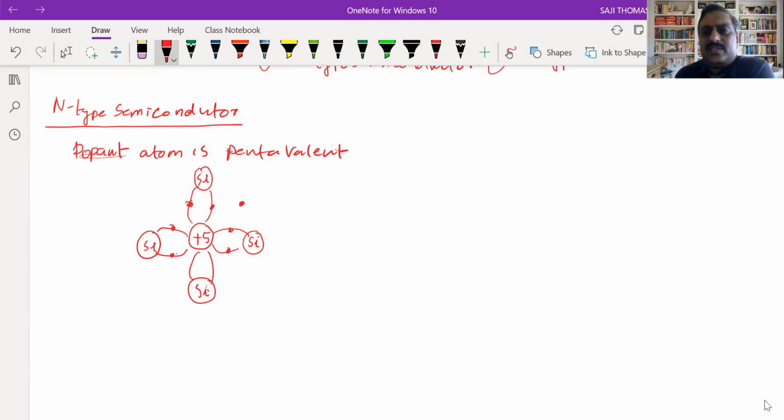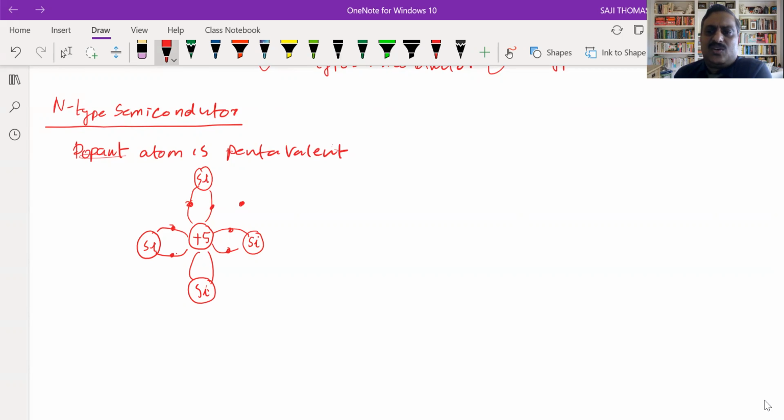Electrons are called majority carriers because they are more. Holes are called minority carriers. So how will you get an N-type semiconductor? If the pure semiconductor is doped with a pentavalent impurity.